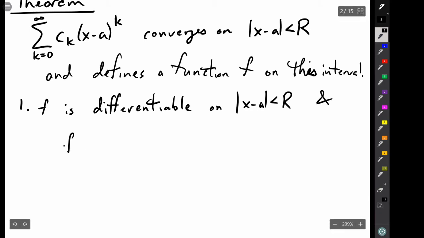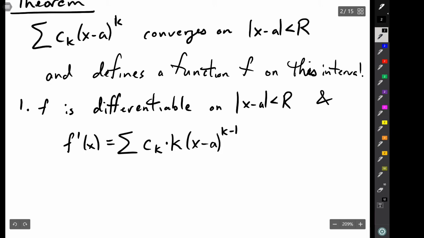to find the derivative of f, we just differentiate each term. So actually, it's a good idea to maybe leave these off. So we just differentiate this term right here. You know what? It's fine.